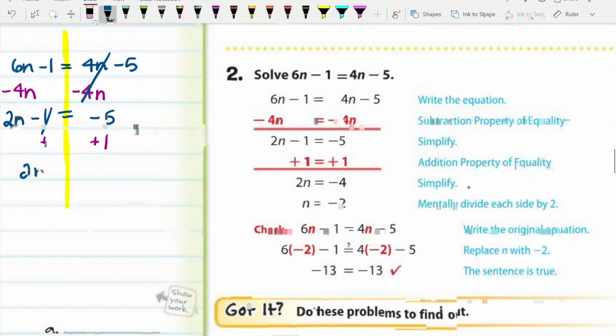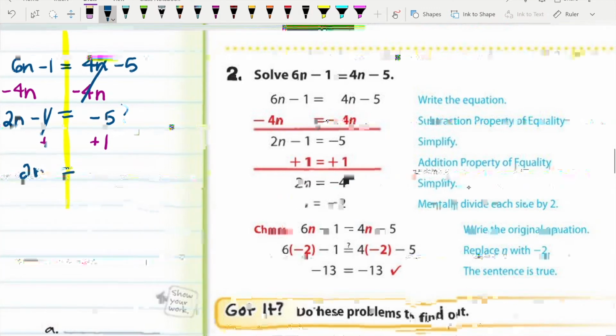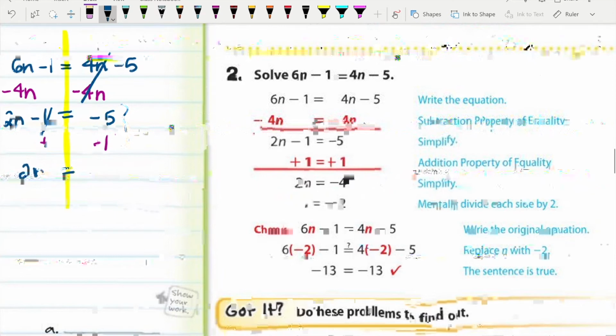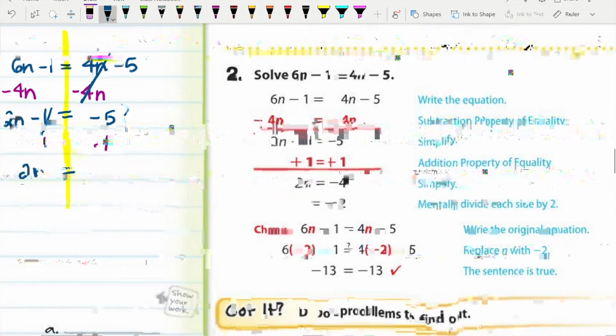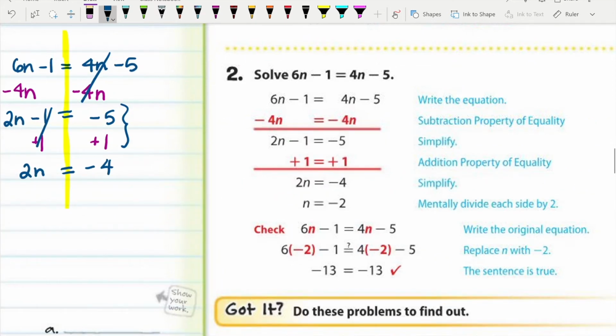On the left, you have the variable term. On the right, remember that these are being combined. Negative 5 plus 1 will give you negative 4. And since 2n means 2 times n, how do we make that coefficient a 1? And we know that in order to make a 1, you're going to divide by 2 because 2 divided by 2 is equal to 1.